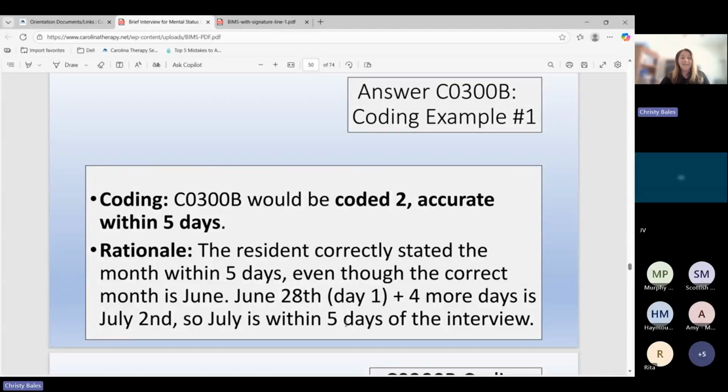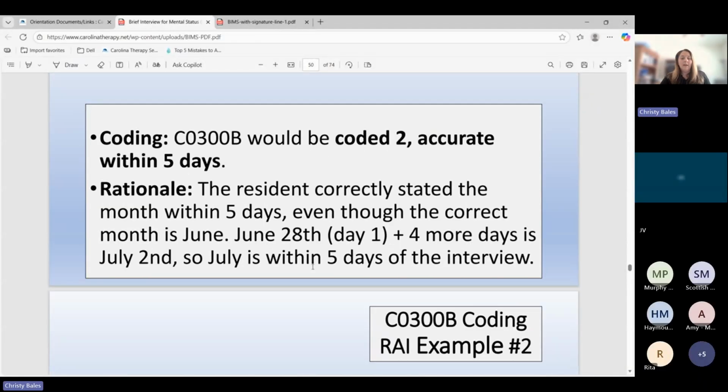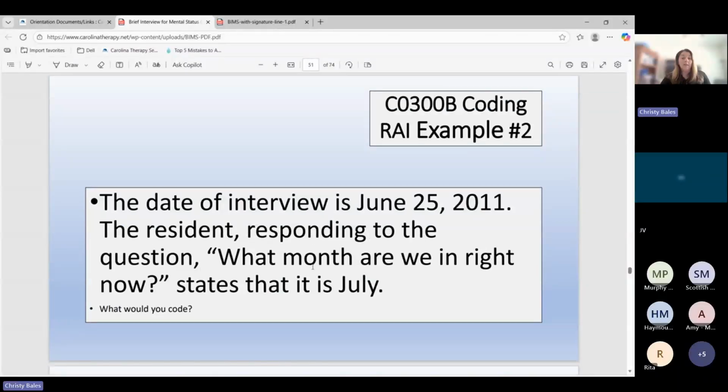So take this for what it is and just know that for calculations, you may have to go and calculate a little bit later, look at the calendar, count the days. Are there 30 days, 31 days in the month? All right. Number 2, the date of the interview is June 25th, 2011.